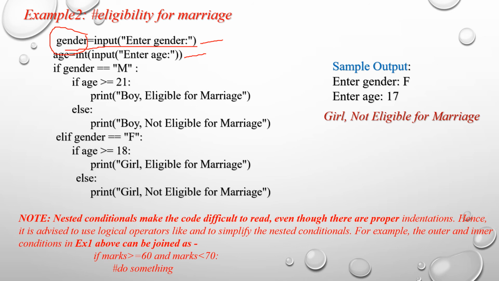The first input is a string, and the second input we converted from string into integer. By using type conversion, int converts a string into an integer.